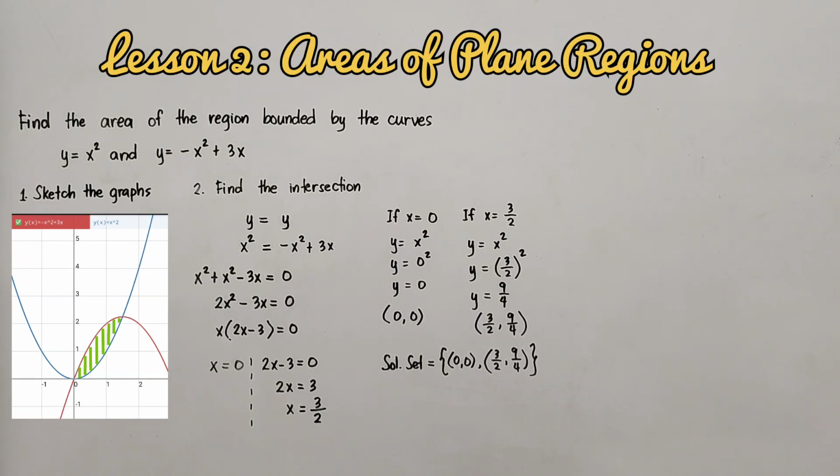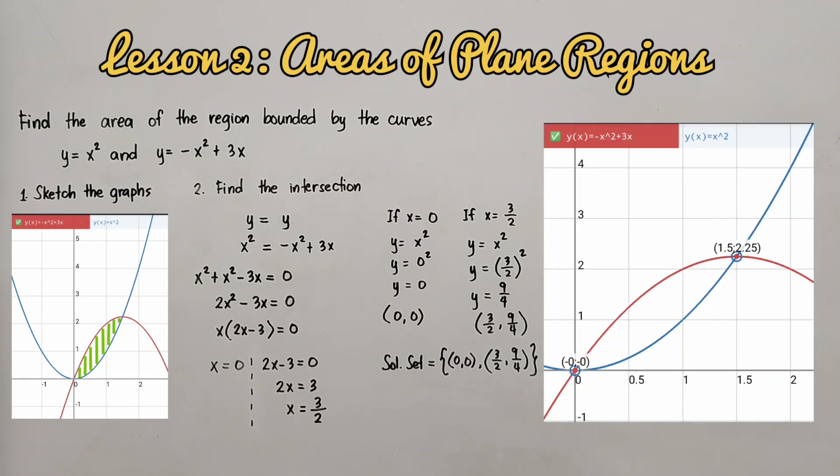And for the second value of x, which is 3 over 2, the same function, y equals x squared, 3 over 2 squared, and that is 9 over 4. So the second coordinate is 3 over 2 and 9 over 4. Therefore, the solution set is the set containing (0, 0) and (3/2, 9/4). Take note that on the graph, these two points are the intersection of the two graphs.